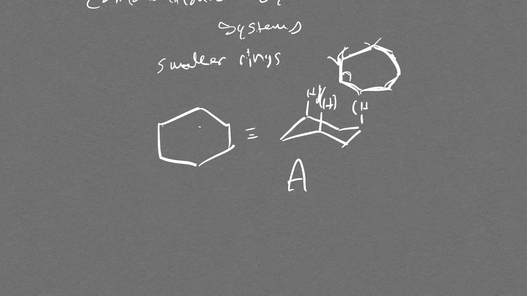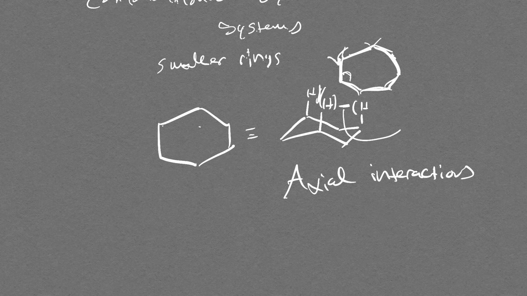So we learned about axial interactions and how to minimize those, and the things that bump into each other. I mentioned it once, but I didn't really drive into it. The A values. And those are the thermodynamic values that sort of dictate who wants to have to bump into each other.